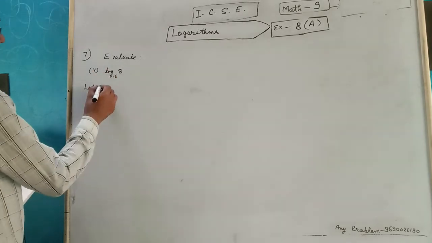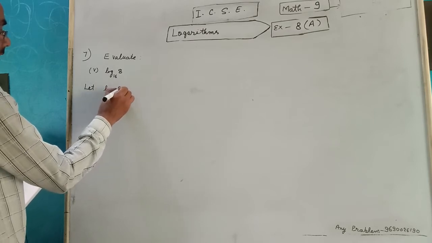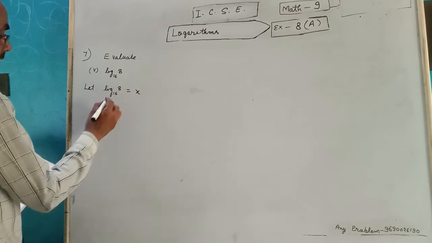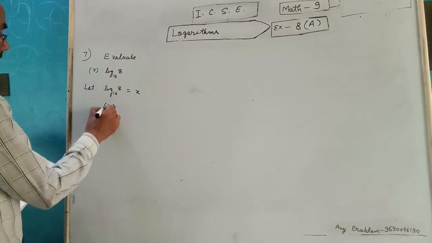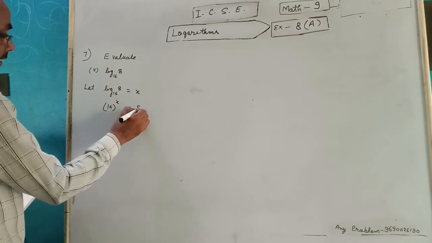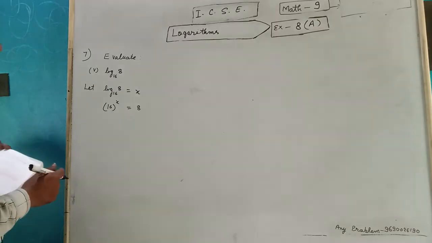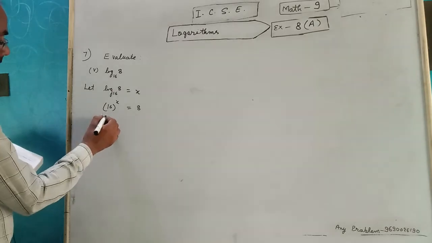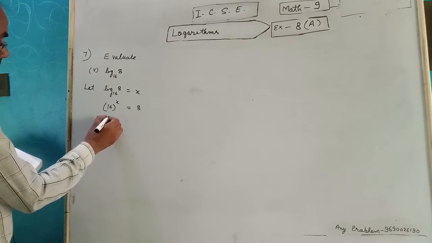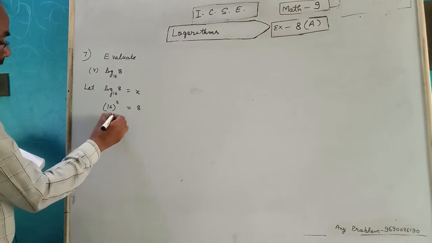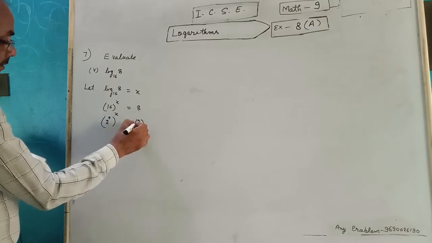Let log of 16 base 8 is equal to x. Write the exponential form. 16 as power x is equal to 8. Make the bases equal. 16 is 2 as power 4, x is the same. 8 we write as 2 as power 3.